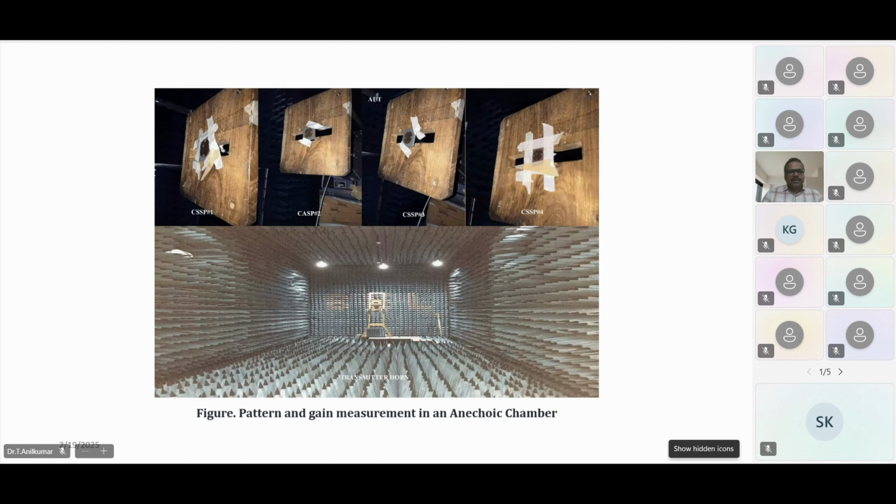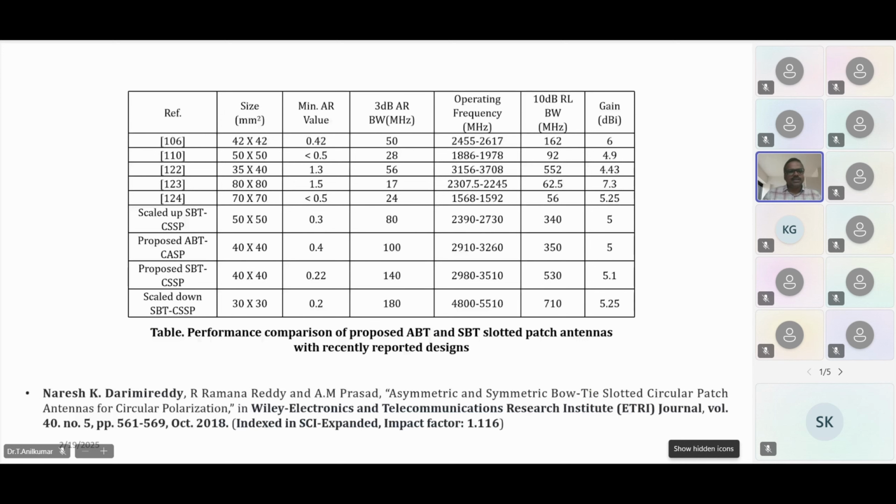Next. So this is measured, and this work is also compared with the existing designs. So this is also good. When compared to the first work, in the second work the gain is improved. In the first the gain is 3 to 4 dBi, but here the gain is 5 to 5.2 dBi.